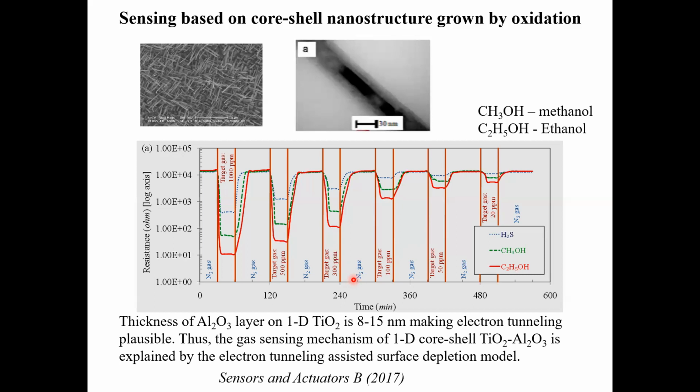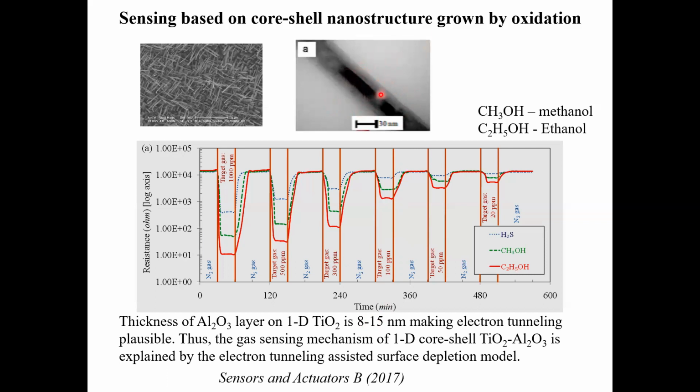So one question that always comes up is that we create a core shell nanostructure. How does TiO2 pick up the response from the gas? Because there is a barrier layer. And what we believe is, since this layer is very thin, of the order of nanometer to tenths of nanometer, that the electron tunneling, and so electron tunneling assisted surface depletion layer on the TiO2.